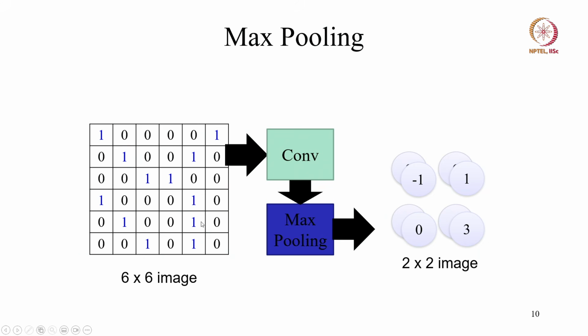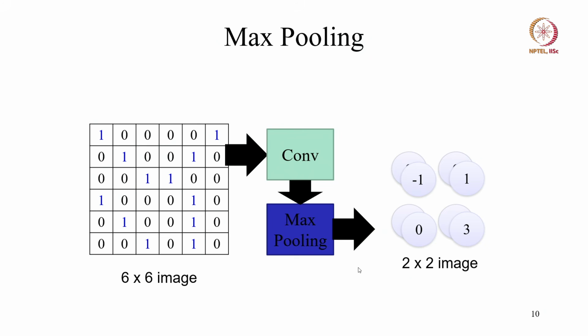For example, if we take a 3 by 3 window here, we are replacing the first 3 values here, this window, by just one value, like this. And you do that for every dimension that you have.